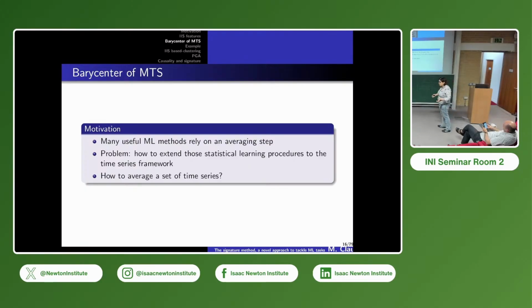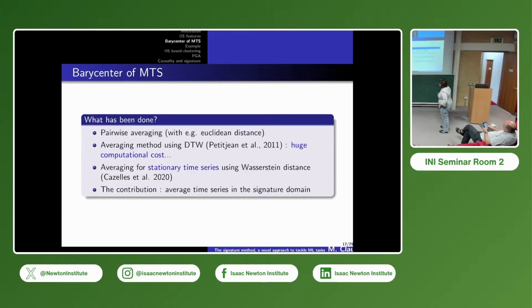The idea of averaging as if we are in the Euclidean space doesn't work in practice for many reasons, also the curse of dimensionality. So people have done several things: Euclidean distance, DTW, and there are also papers about stationary time series. If you consider the spectrum, you have a PDF and you may use a Wasserstein distance.